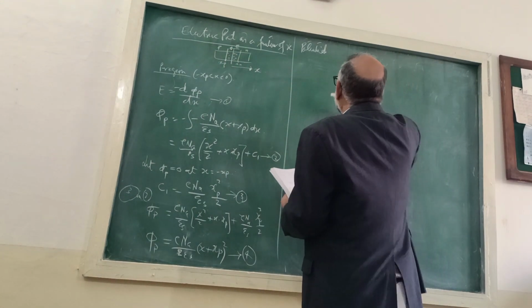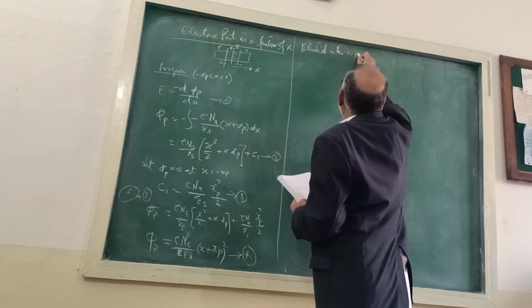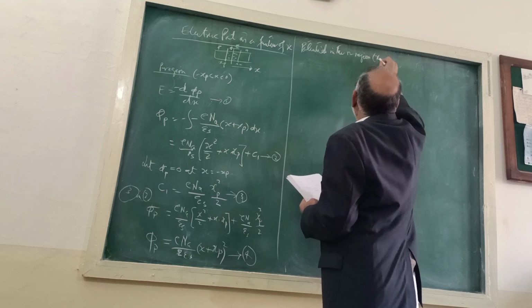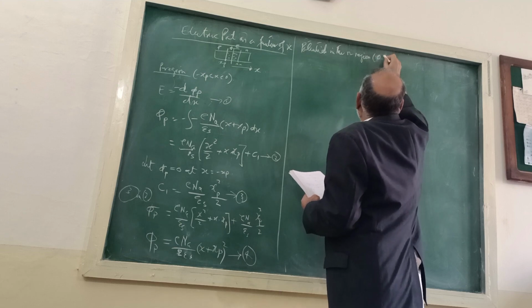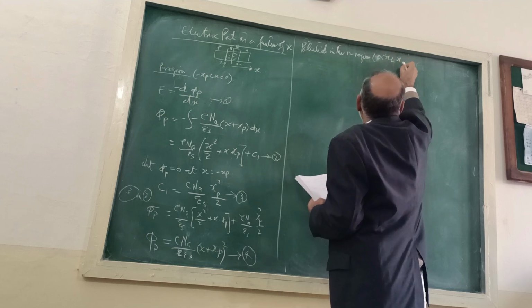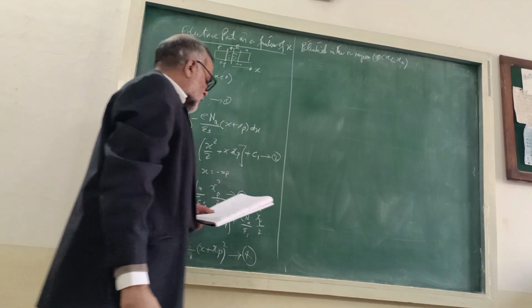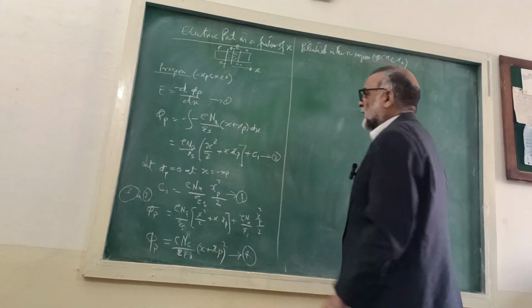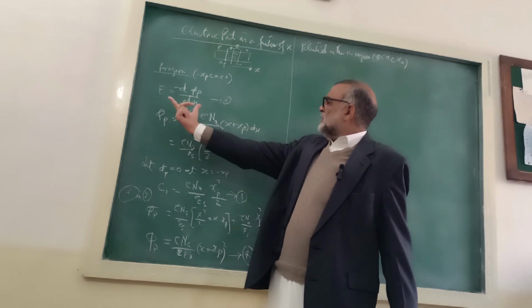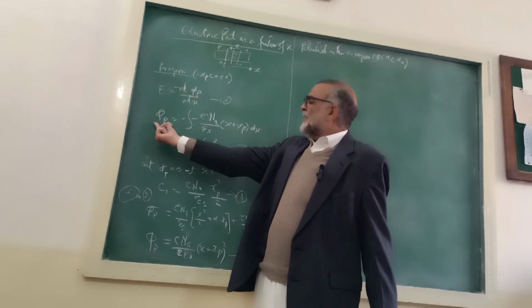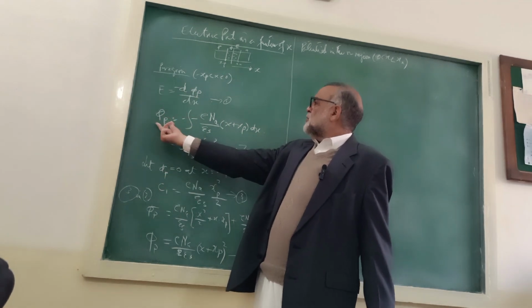Now in the n region, for x greater than 0 up to xn, we get phi n. Phi n will be equal to the integral of E dx.